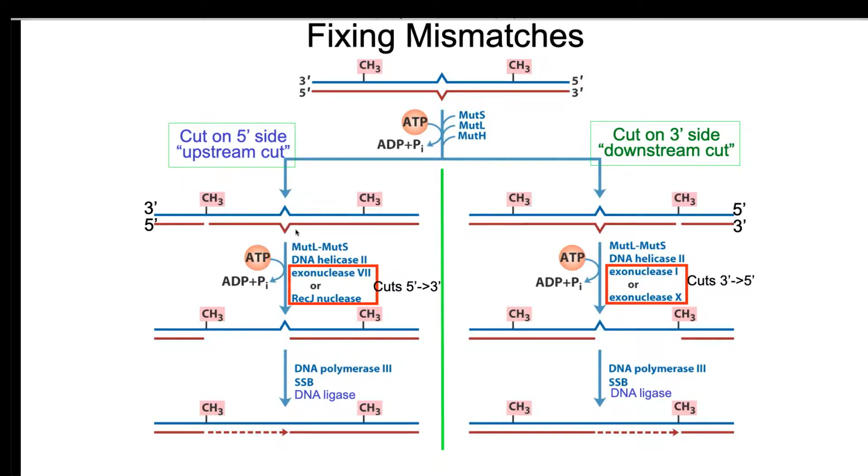And then after that's done, the rest is very straightforward. We bring in DNA polymerase 3, which recognizes this gap here, and it just starts adding. Read, write, read, write, read, write, read, write. And then all the way at the end, we get a DNA ligase that then ligates this fragment to this fragment, and we're done.